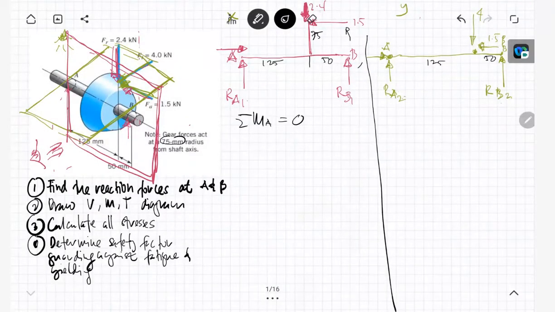And 2.4 is the opposite direction. So 2.4 times 125. The opposite direction is 1.5 times 75. Then this RB1.